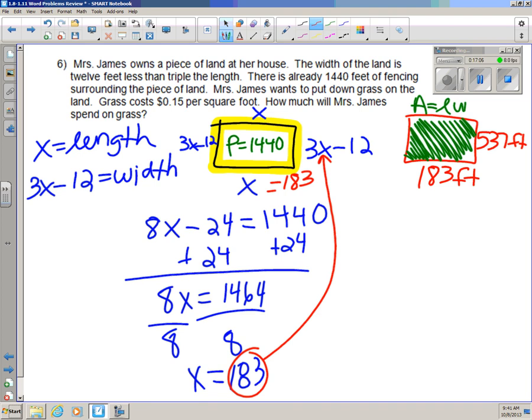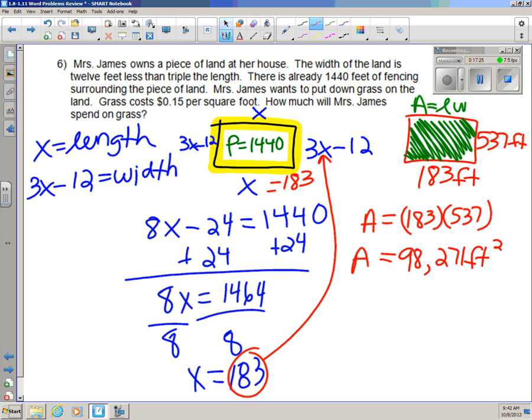So let's see what happens here. The area of her plot of land is going to be length times width, or 183 times 537, which means, with your calculators, the area becomes 98,271 feet squared.